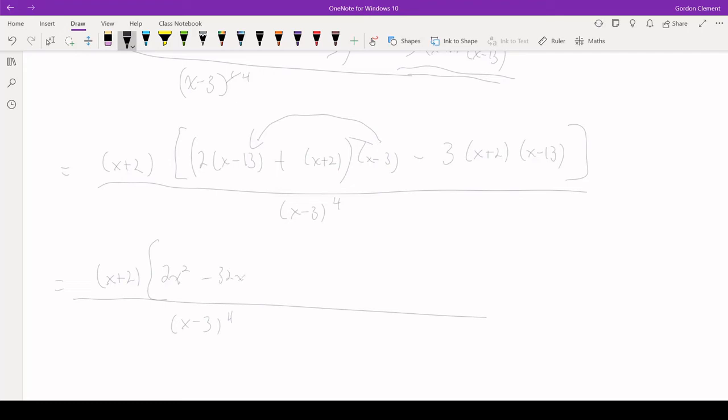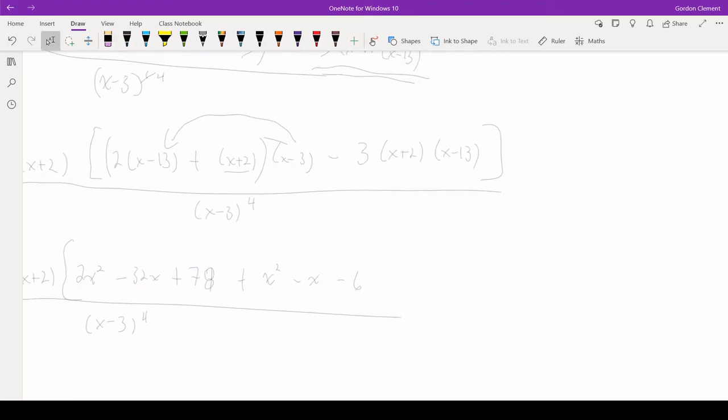You're going to get 3 times 13, negative 3 times negative 13 is 39, and times that by 2, 78, I think. So that's that term. So that's the (x minus 3) times 2(x minus 13)s. Now we're going to do just plain old (x plus 2) times (x minus 3), so that's going to be x squared minus x, and then minus 6.